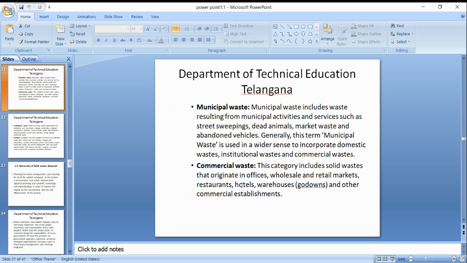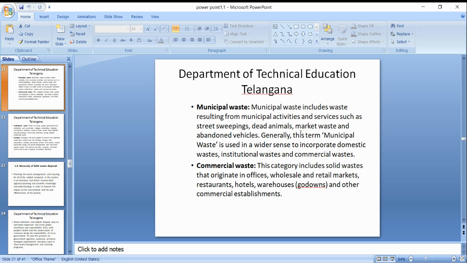Next comes municipal waste. Municipal waste includes waste resulting from municipal activities and services, such as street sweepings, dead animals, and market waste. In the market yards we have different vegetables, and there is market waste and abandoned vehicles which are not useful.